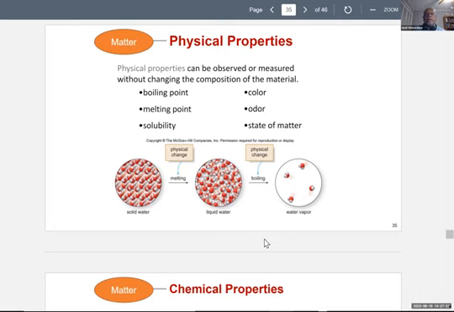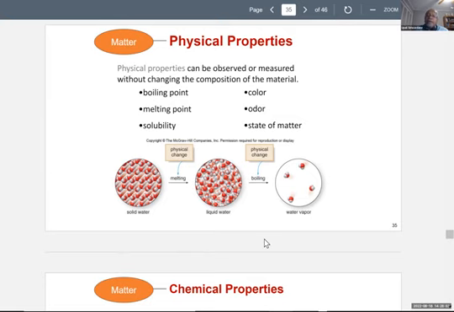Solubility is another criteria as a physical property. Solubility is soluble in water or insoluble in water. Pure substances also have physical properties. One of them is color. They also have an odor. If it gets into your nose, you can smell.